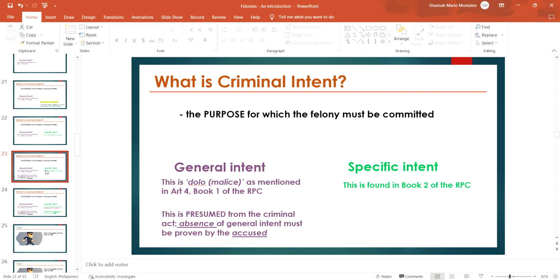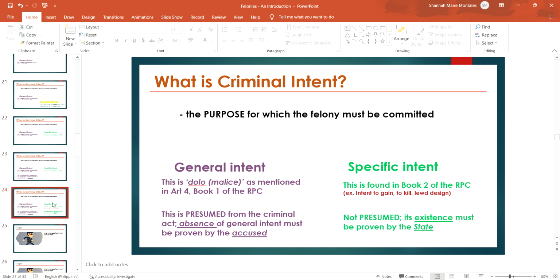Lalo na sa mga malainse crimes, this is a defense, ang lack of criminal intent. The absence thereof, or lack of general intent, must be proven by the accused. Okay? So, general rule is presumed, assumed. Exception is kung ma-prove ni accused na wala na criminal intent.